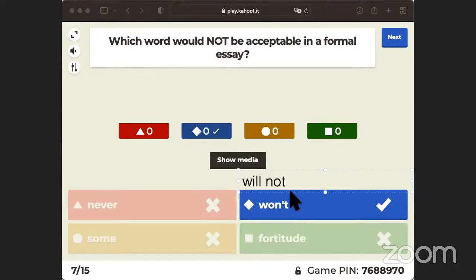So the correct way to write won't is will not, without the contraction. And it's always like that with academic or formal writing or a formal essay. So that's something important to mention. Actually, I'm going to explain that today. So please keep that in mind.